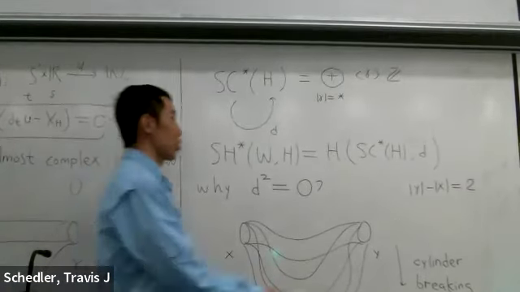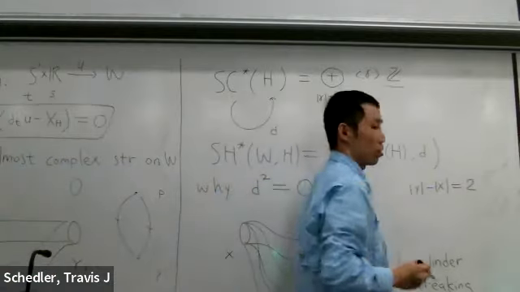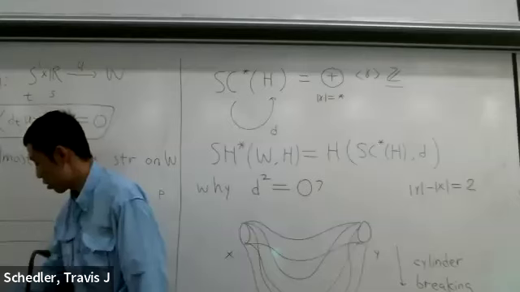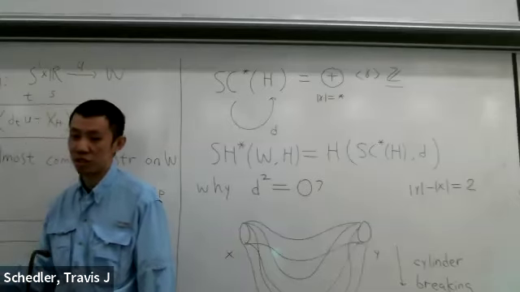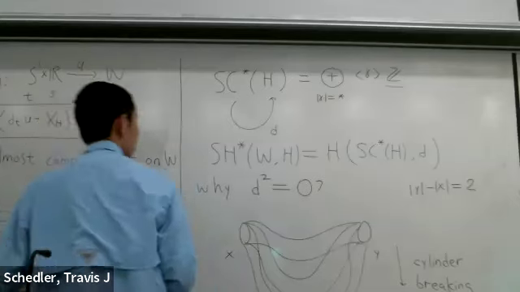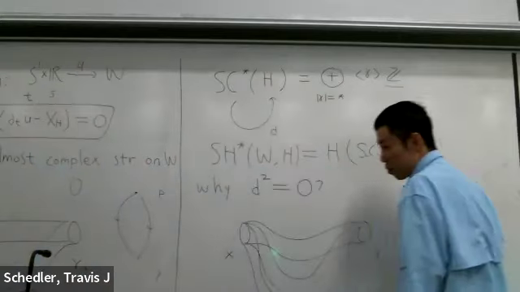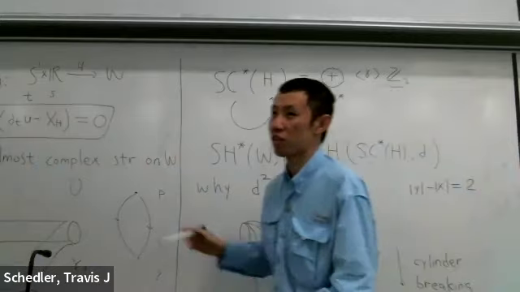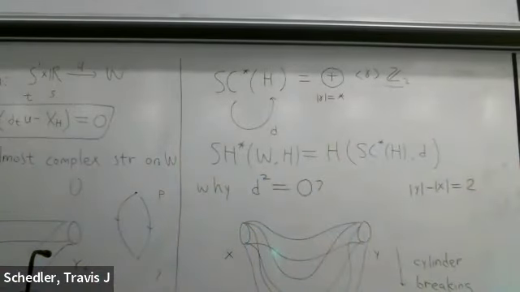If we want to use, for example, integer coefficients, we need to check that the signs of these numbers are either positive or negative. But to simplify the theory a little bit, let's use Z2 coefficients. Then we don't need to care about signs.